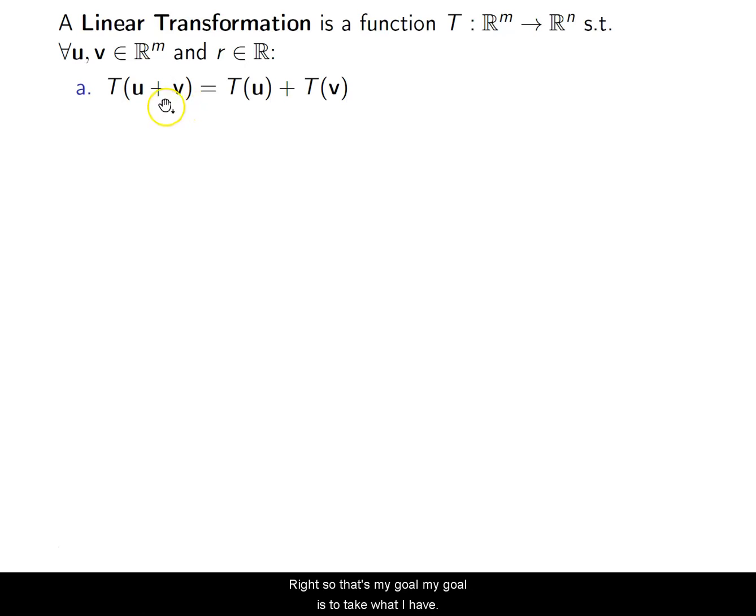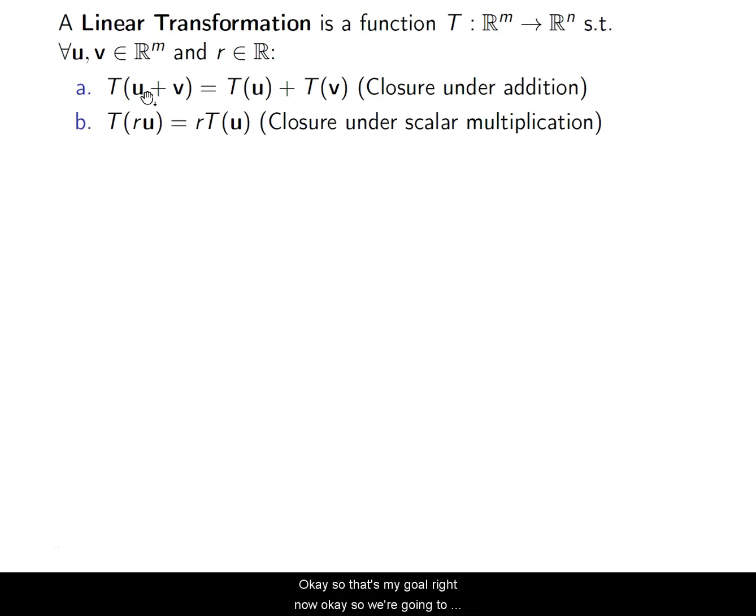Right? So that's my goal. My goal is to take what I have and separate it so that it's equivalent to if I had started maybe here and worked backwards.